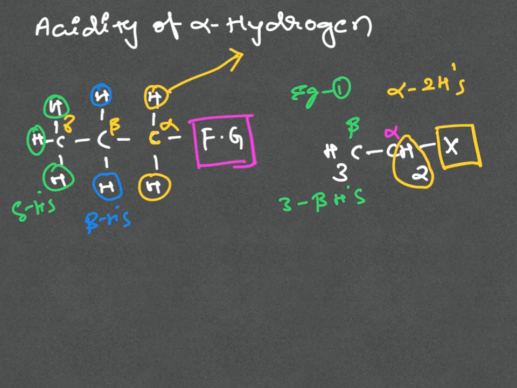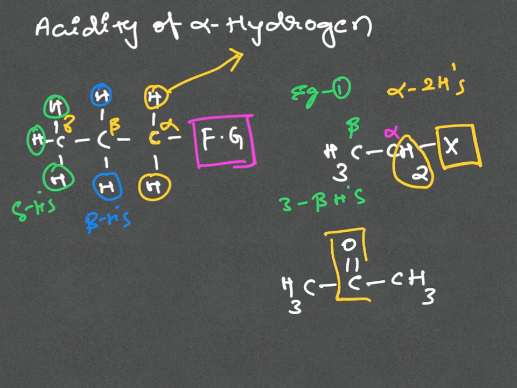Let me take another example. I am taking acetone, the simplest ketone. Here how many alpha hydrogens are present in this acetone? In this molecule we have keto functionality, and the next carbon we call it as alpha carbon. This is alpha and this is alpha.